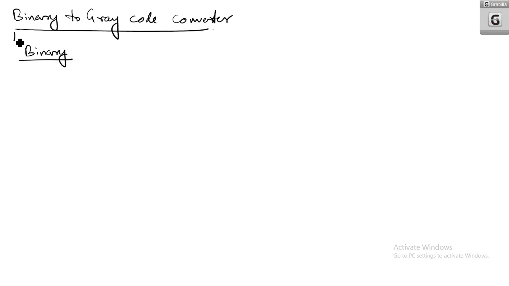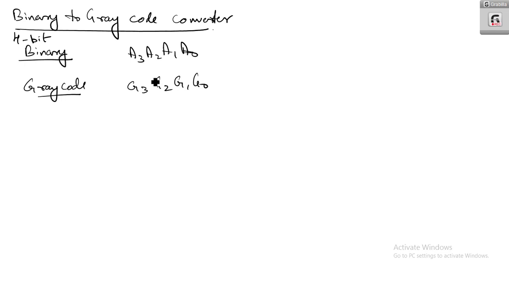Say I am going for a 4-bit binary input. Let that binary input be A3, A2, A1, A0. Let the corresponding gray code be G3, G2, G1 and G0, a 4-bit gray code.